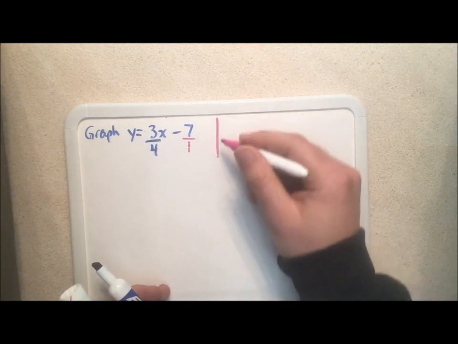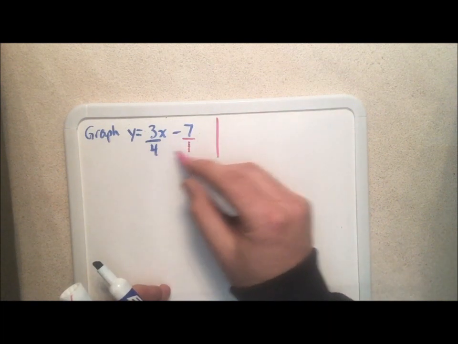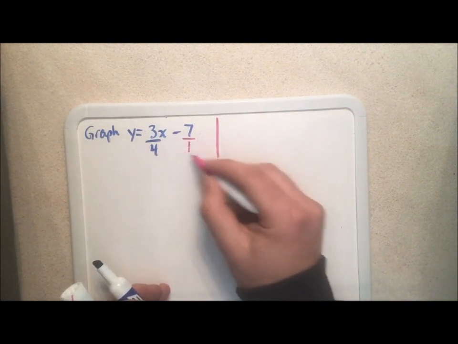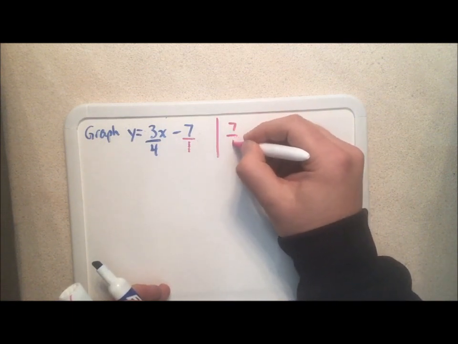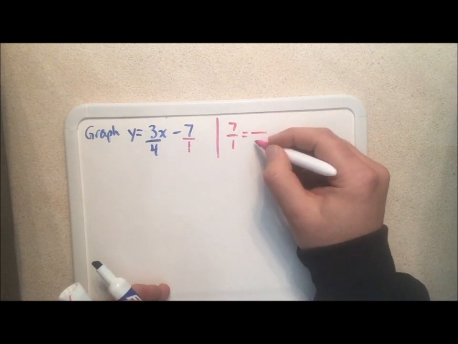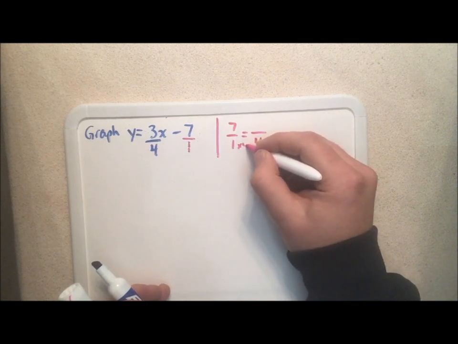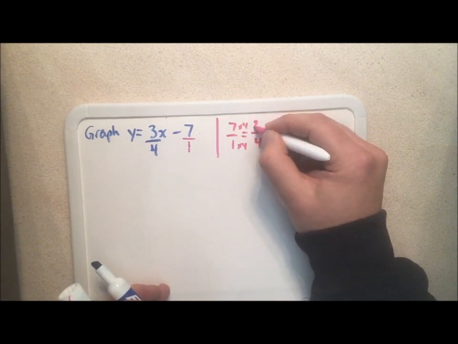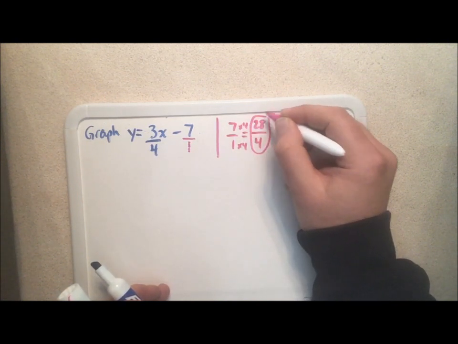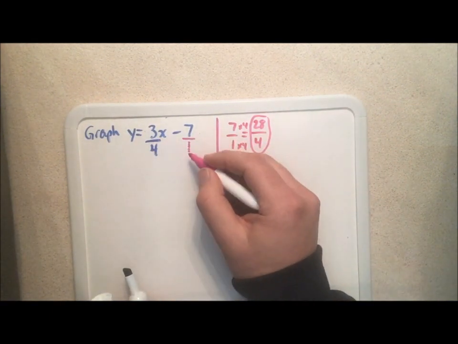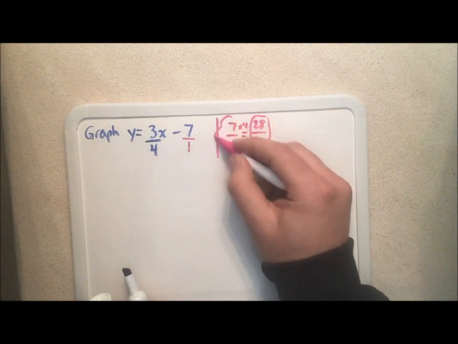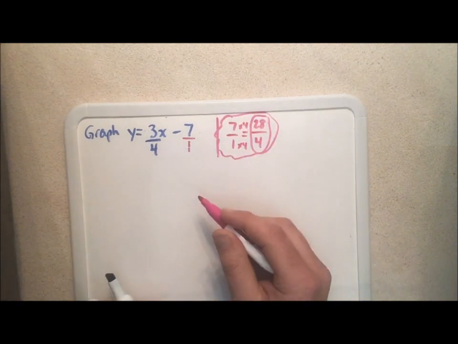In my thought cloud, I'm going to say, if I have a 4 and a 1, I should have a common denominator of 4. So I'm going to think to myself, that can be renamed out of 4. Here I just have to multiply it by 4. I get 28 over 4. 28 over 4 is another way of saying 7 over 1. So that's just in my back pocket, okay? I'm just keeping that in mind.